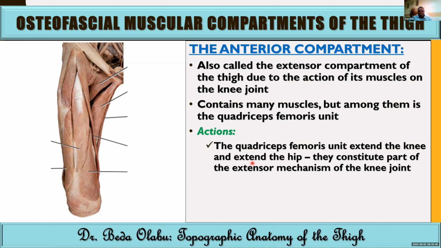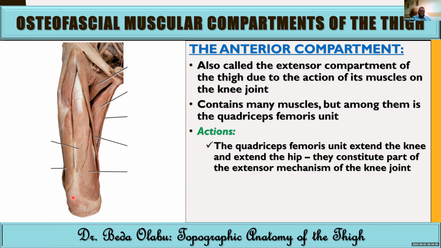Pardon, that should be flex the hip joint, not extend. The rectus femoris flexes the hip joint and the whole unit extends the knee joint. Because of the extension of the knee joint, that's why we call the anterior compartment the extensor compartment of the thigh.